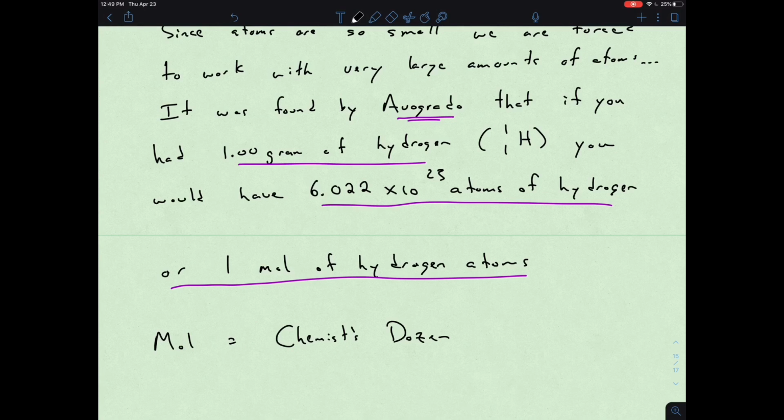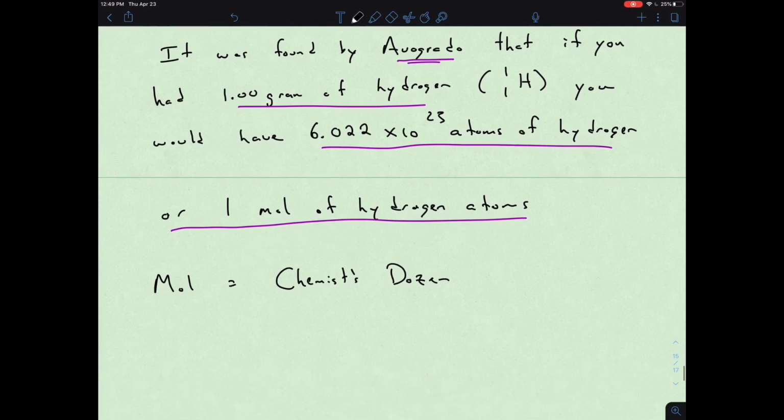So we have this idea that the dozen describes a number, such as 12 equaling a dozen.